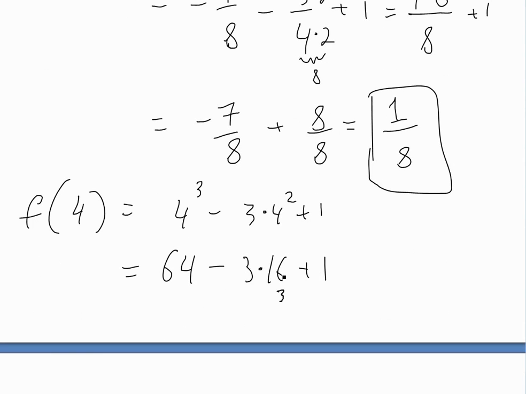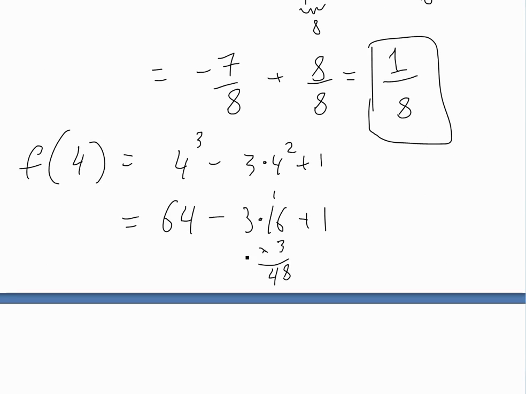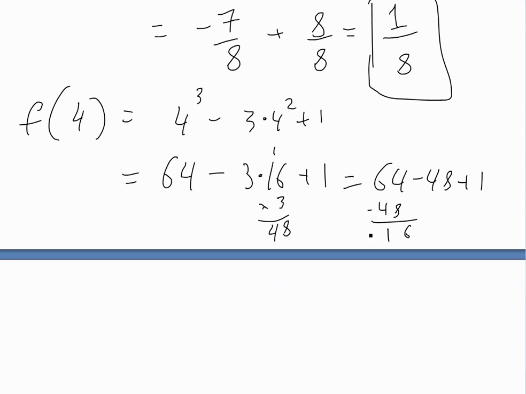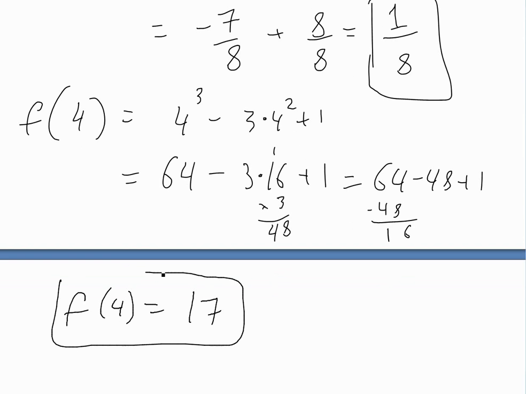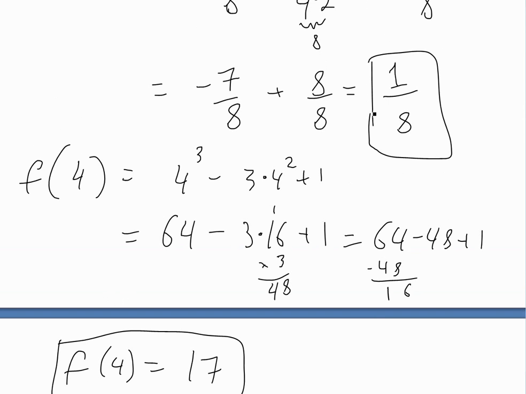So 64 minus 48 is 16, and then plus 1 is 17. So f of 4 is equal to 17. We got the endpoint values: 17 and 1/8.